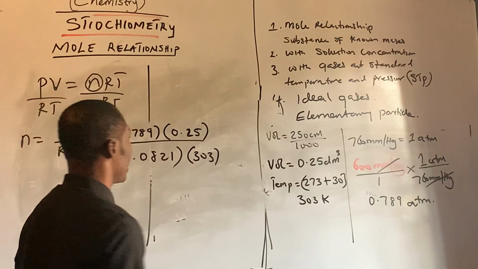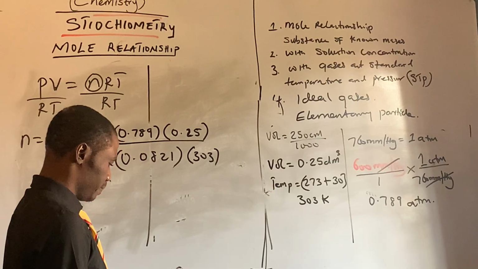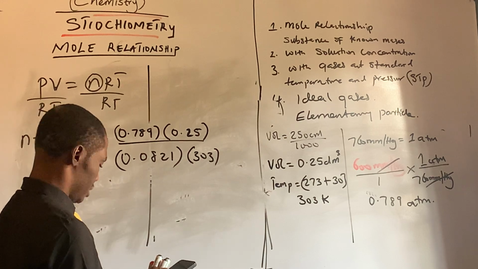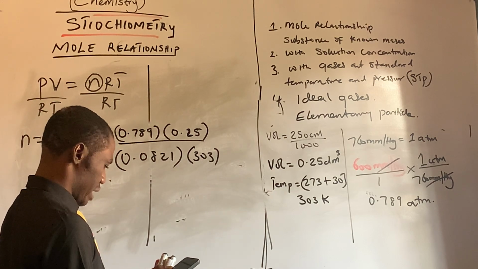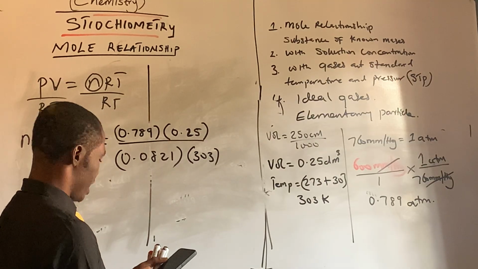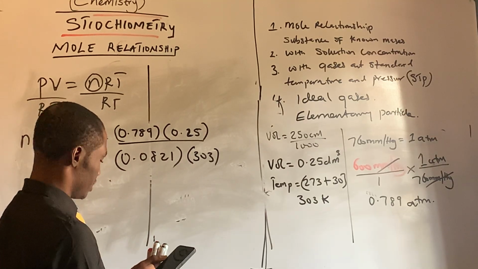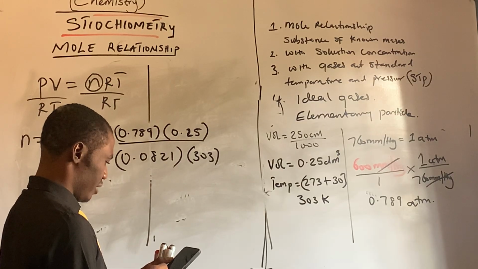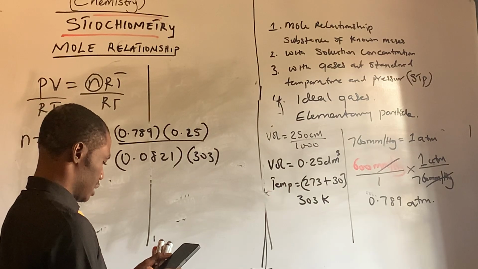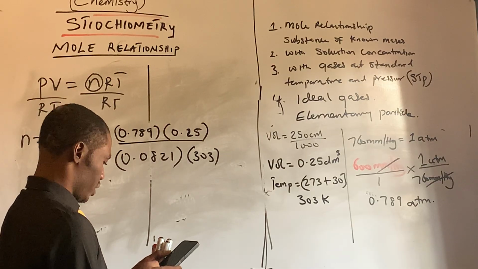Let's plug in what we have in our calculator, and then we'll get our answer. I have 0.789, multiply by 0.25, and then divide by 0.0821, multiplied by 303.